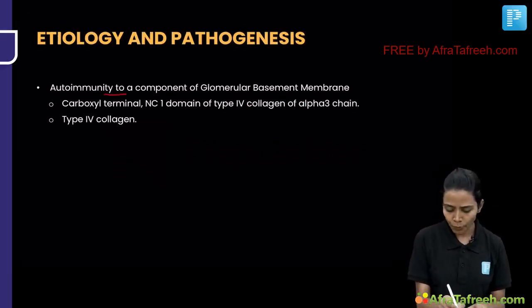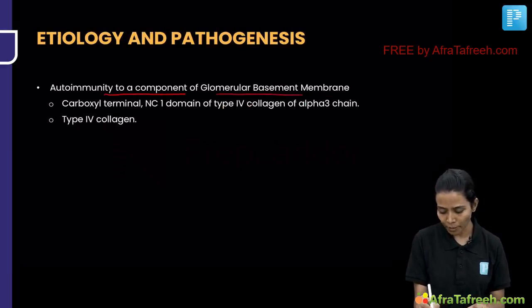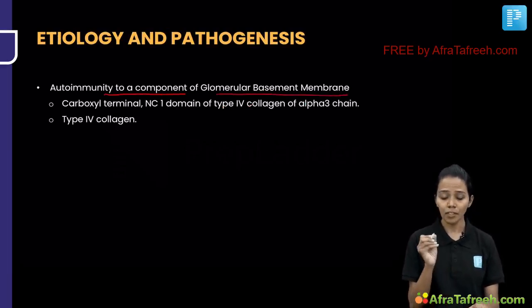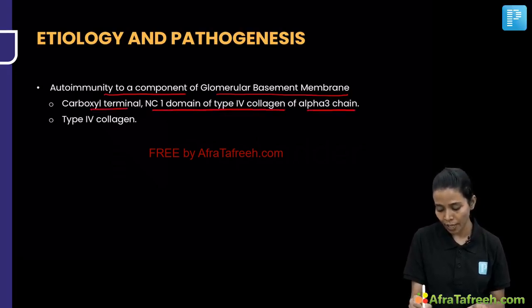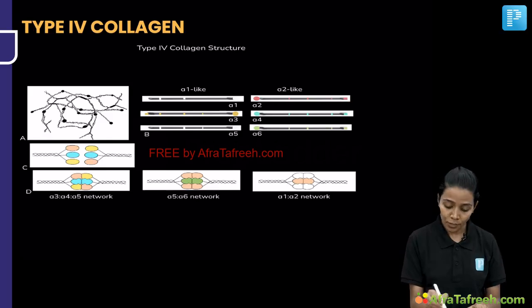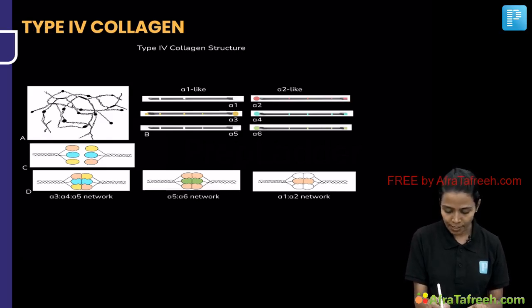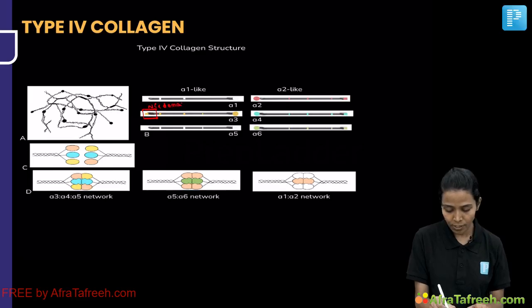So, there is autoimmunity to a component of the glomerular basement membrane. The autoimmunity is to the carboxyl terminal of the NC1 domain of the type 4 collagen of alpha 3 chain. Okay. So, when you come to this picture, see, this is the alpha 3. So, here is the carboxyl terminal and the NC1 domain. So, it's simple.